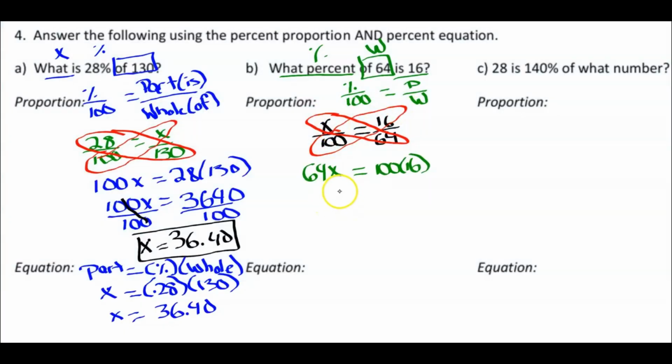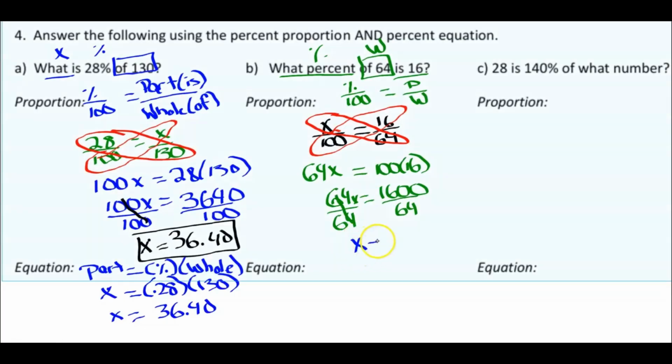The product of the right side is 1600. Now we need to undo the multiplication by division so we can isolate the variable x. We end up finding that x is equal to 25. Keep in mind that 25% of 64 is 16.